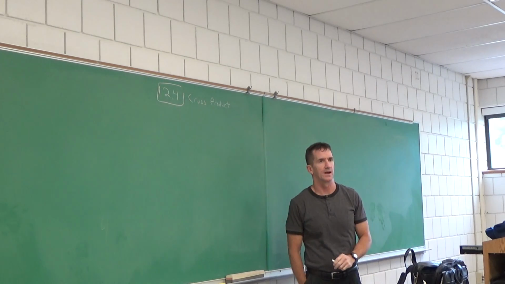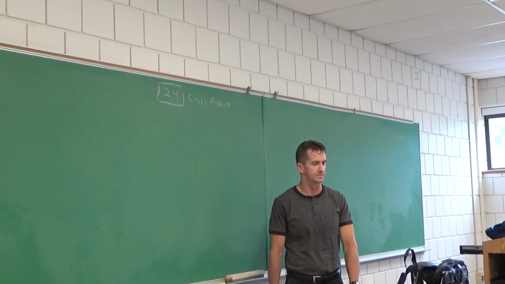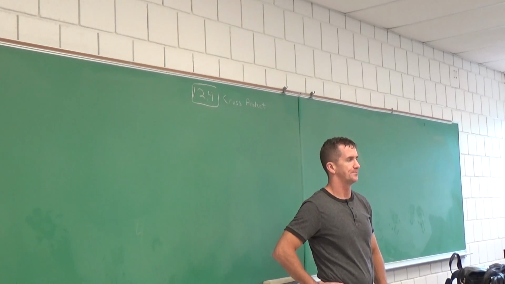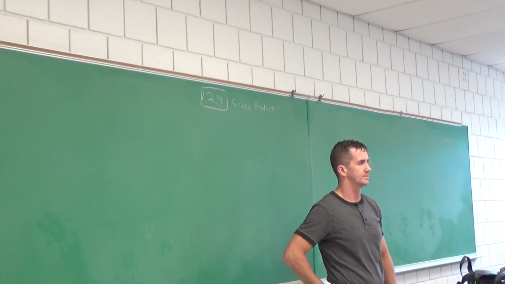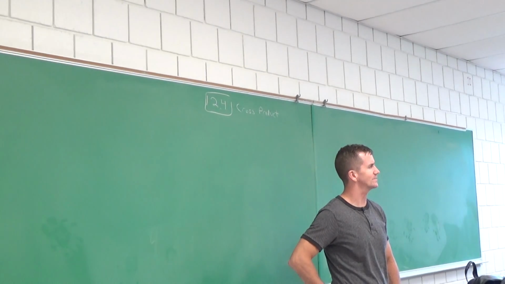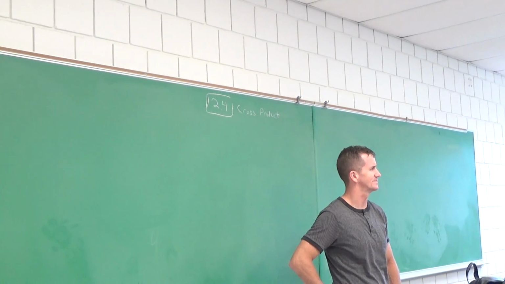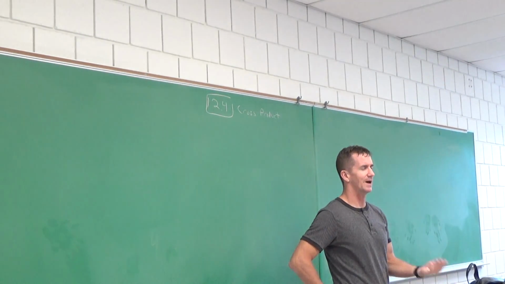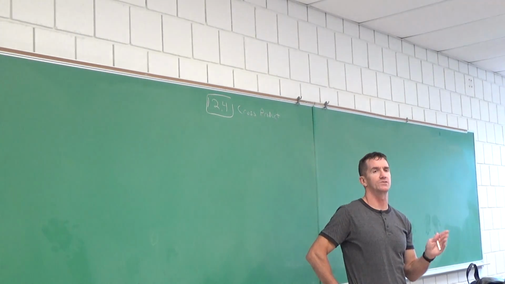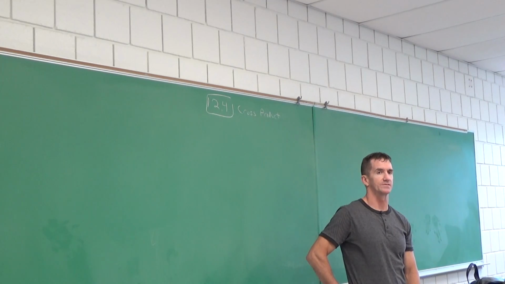And the cross product of two vectors is a vector. The dot product of two vectors was not a vector, was it? Scalar. The dot product of two vectors was a scalar. The cross product of two vectors is a vector.